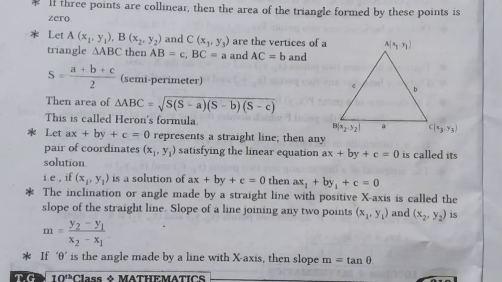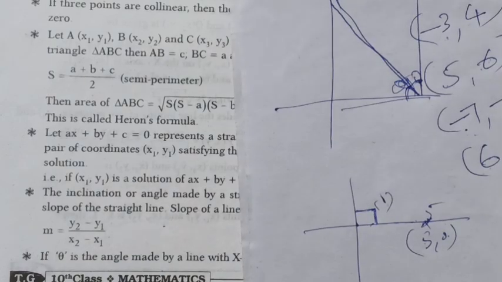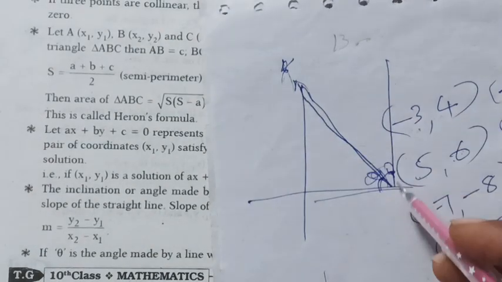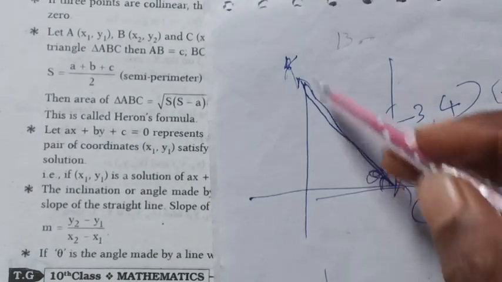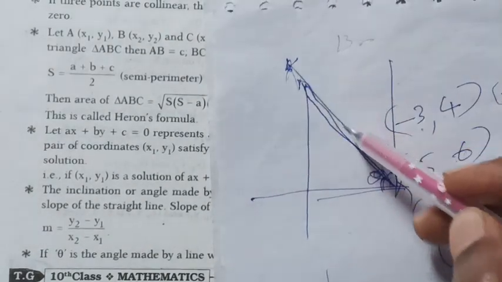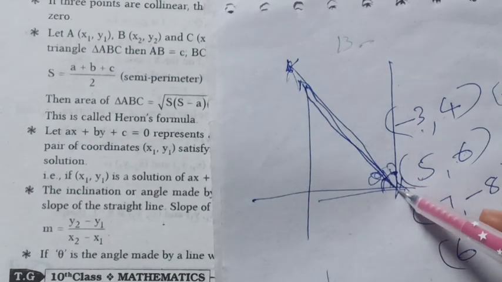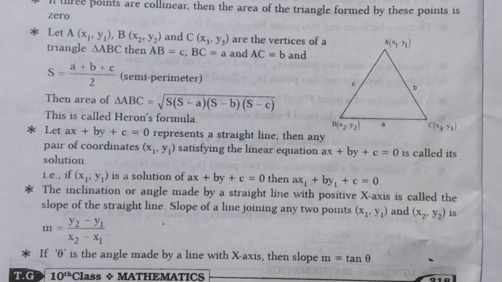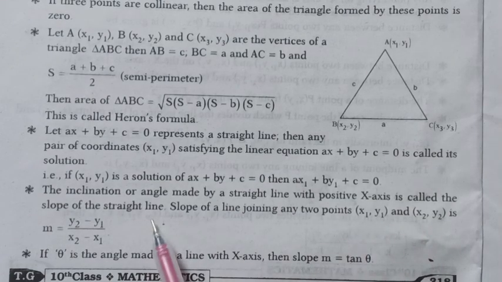So slope means what? Here we are taking 2 points. One point is here, another point is here. If you join these 2 points, it makes an angle with the x-axis. So that is called the slope of a straight line.